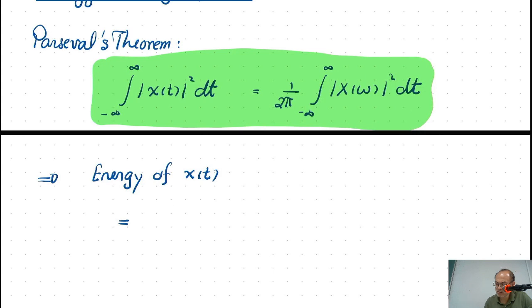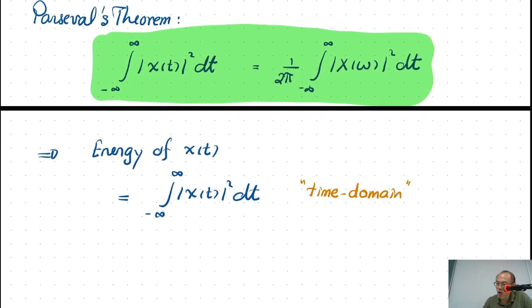So it is equal to integrating from minus infinity to infinity the magnitude of x(t) squared dt. This is in the time domain. If we try to find the energy using this integral, then we are finding it in the time domain using the time domain signal, or we can find it using the spectrum of it.